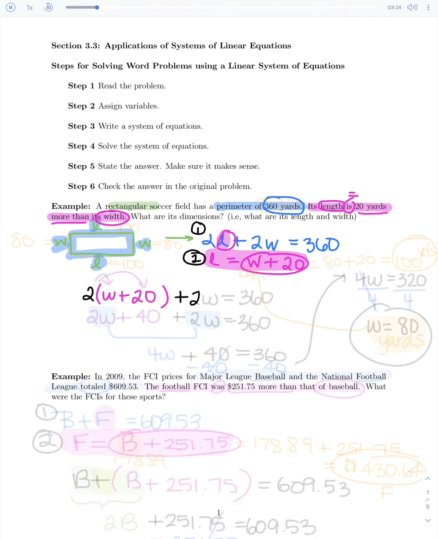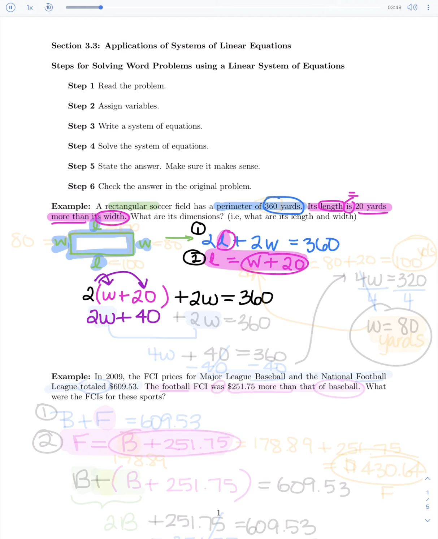Plus another 2W equals 360. So now we can go ahead and work this out like we would a normal math problem. The first thing we would do is distribute the 2 to everything inside the parentheses, which would get us 2W plus 40.